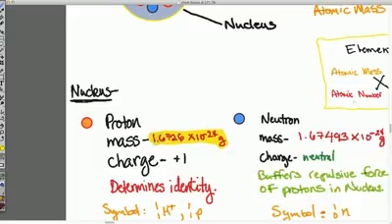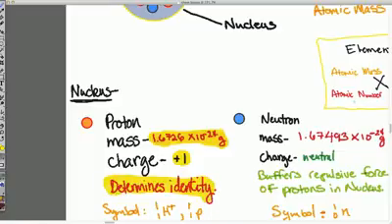This is all naked to the eye, cannot see it. The charge for a proton is +1, and the number of protons will determine the identity of your element.